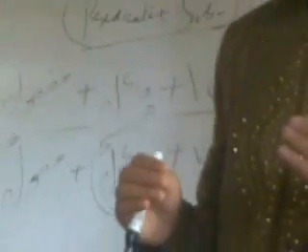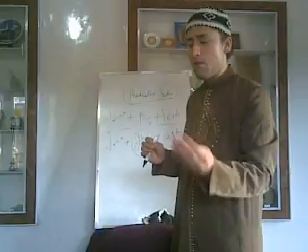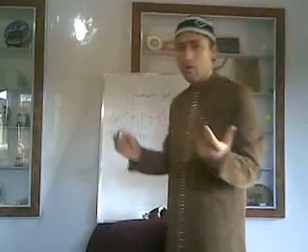Now the structure is this: when there is a verb, on the fa'il there is usually dhamma, and then on the maf'ul there is fatha, though the fatha can be a, or it can be an. So we'll see the sentence here. For example, if I have to say that Hamid ate food.